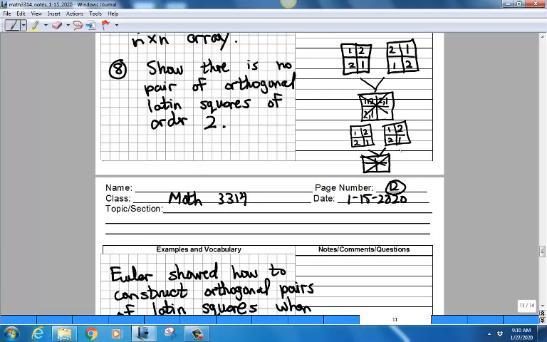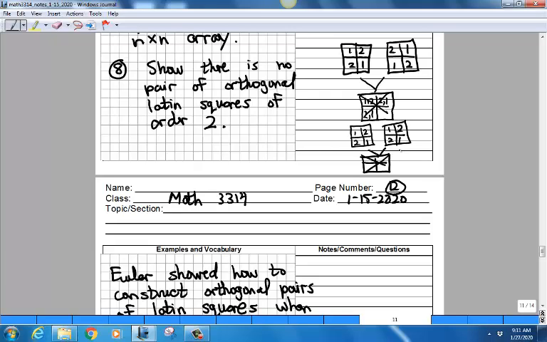You do have orthogonal Latin squares if n is odd, and Euler showed how to construct that. So there is a solution to the 9-officer problem. Not sure what that is, but there is one. The 49-officer problem would have a solution as well, 7 by 7, and so would the 81-officer problem.